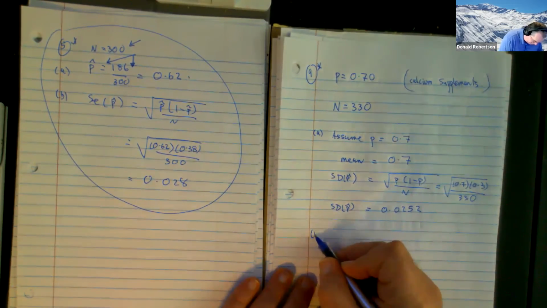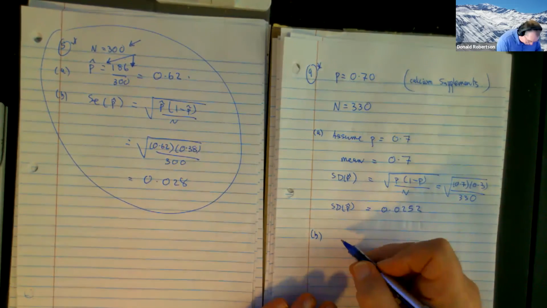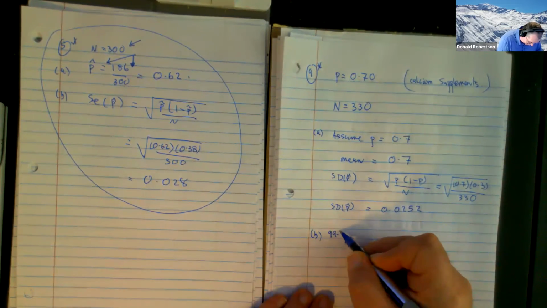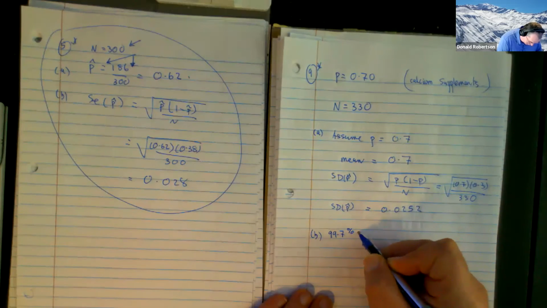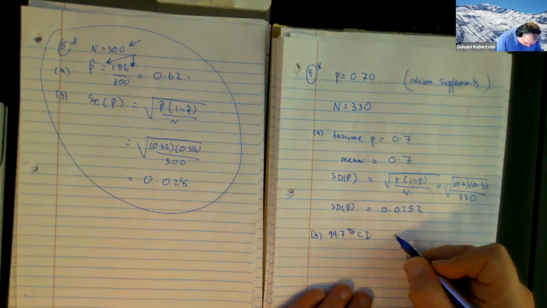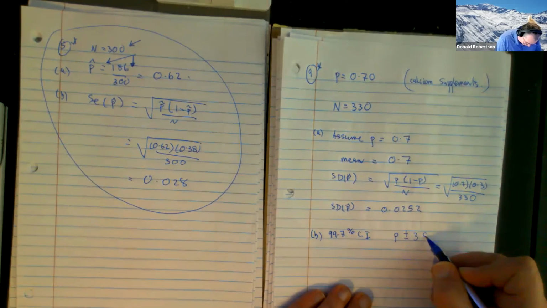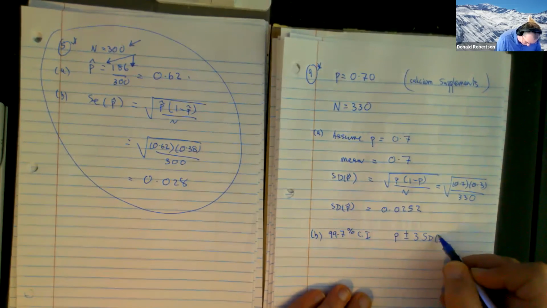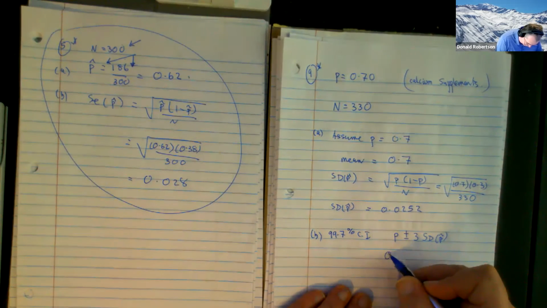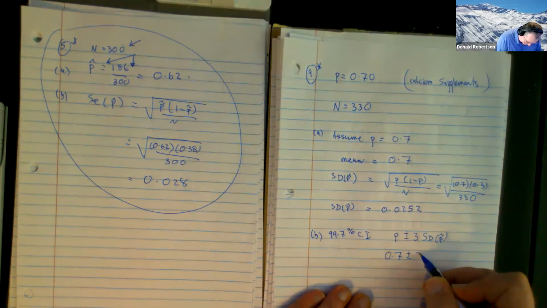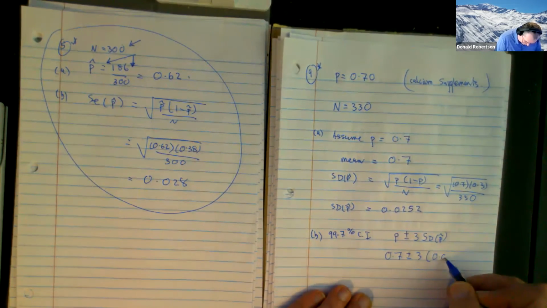It then says create a 99.7% confidence interval. So in our case, it's going to be a P rather than a P hat, but apart from that, it's essentially the same formula. This is 0.7, plus and minus 3 lots of this standard deviation.